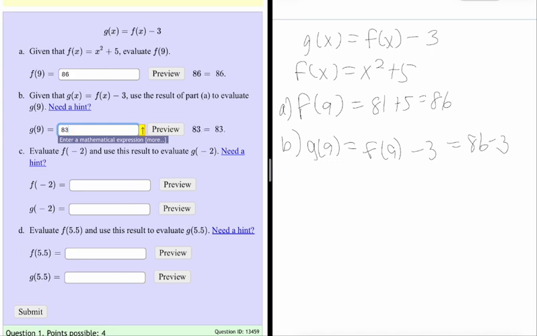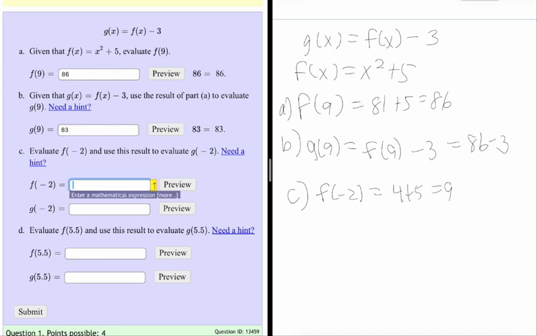Now that should happen every time. So for C here, they want me to check f of negative 2 and g of negative 2. So I'm going to plug negative 2 into my f function. So that's going to be 4 plus 5 or 9. My g function is going to take that value and take off 3. So it will be 6. And then I'm going to do it one last time, this time with 5.5.